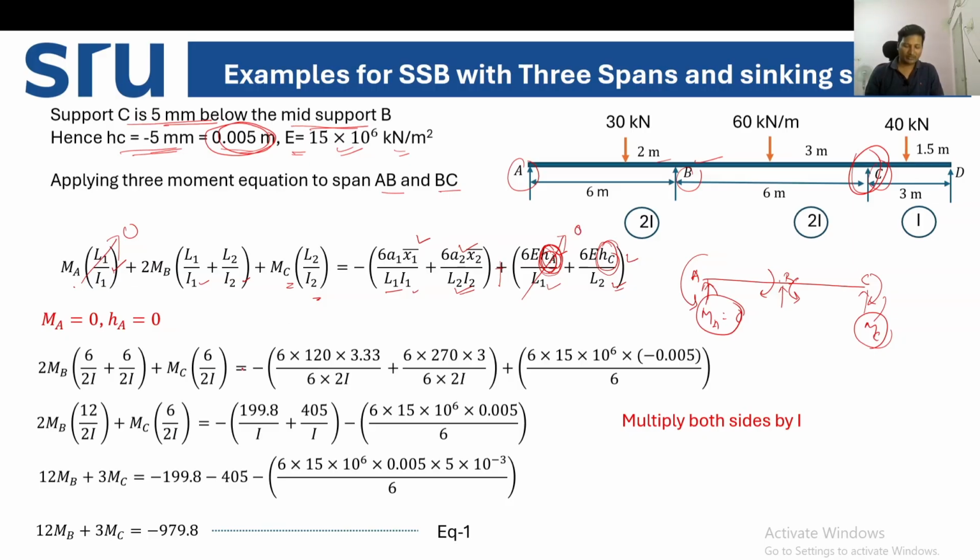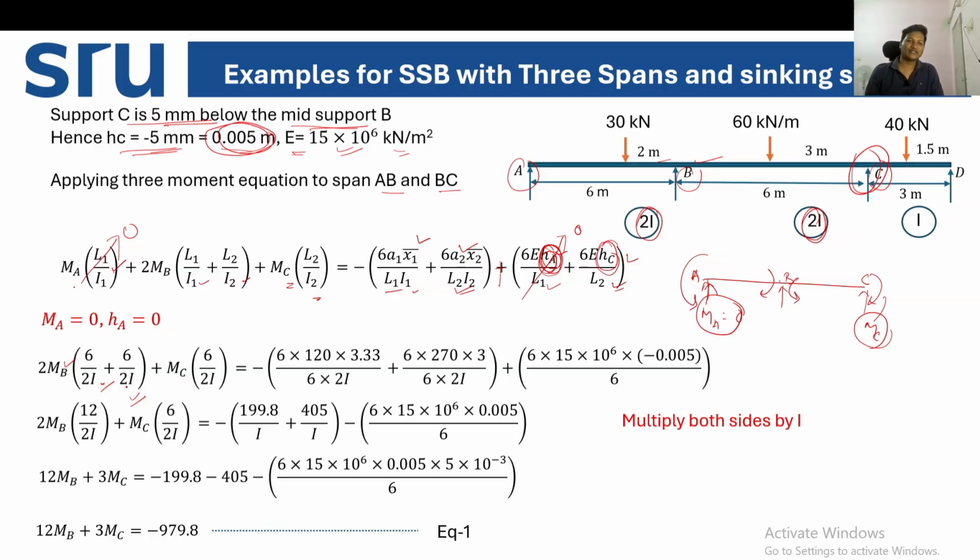Now let us rewrite the equation. I1 and I2 are both 2I.